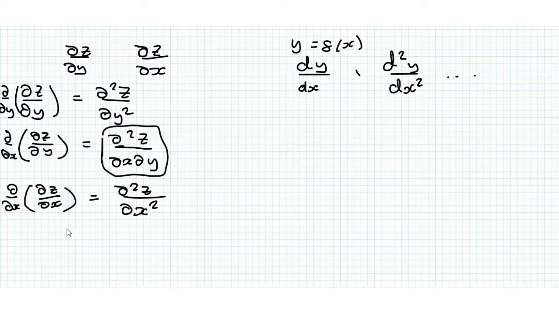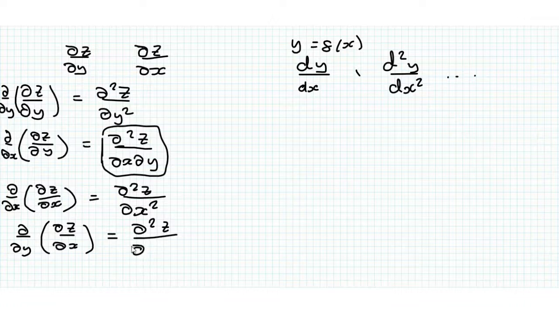So that's another second derivative, and finally we can do partial dz by dx and differentiate that partially with respect to y. Okay, and so the question here is, how many second order partial derivatives do we have for this function, where z is some function of x and y?